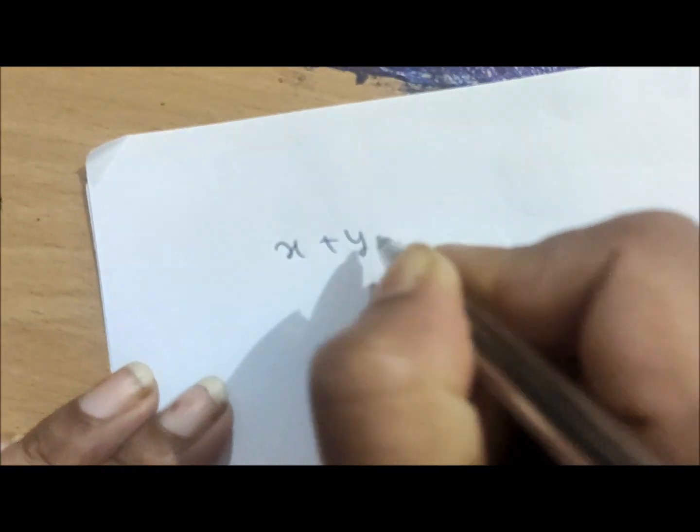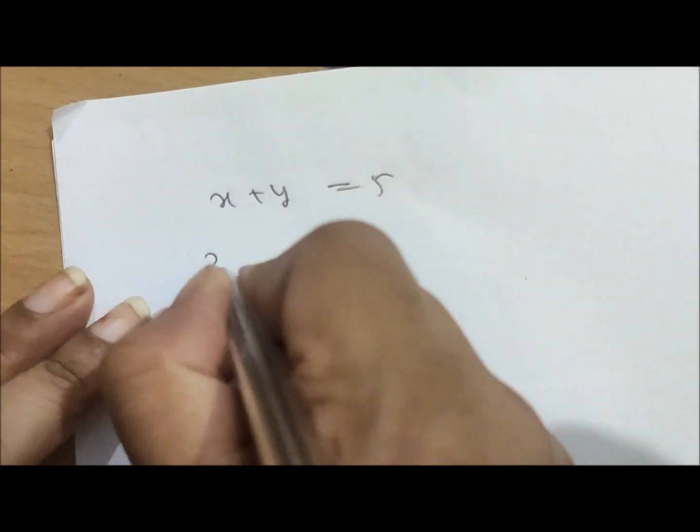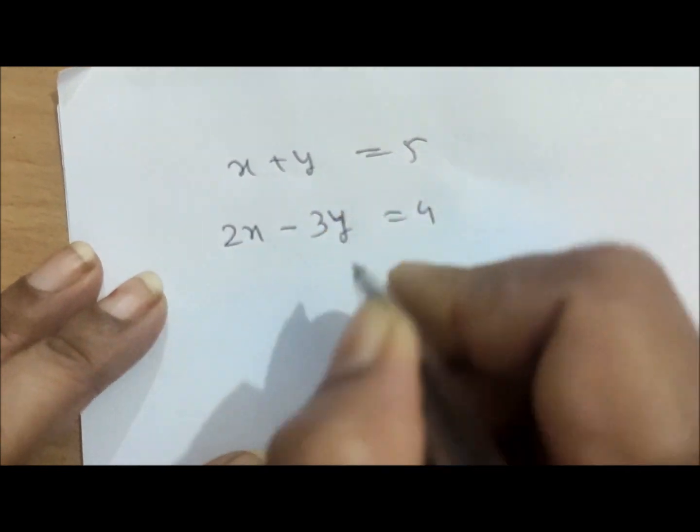Consider the equation x plus y is equal to 5 and the equation 2x minus 3y equal to 4.